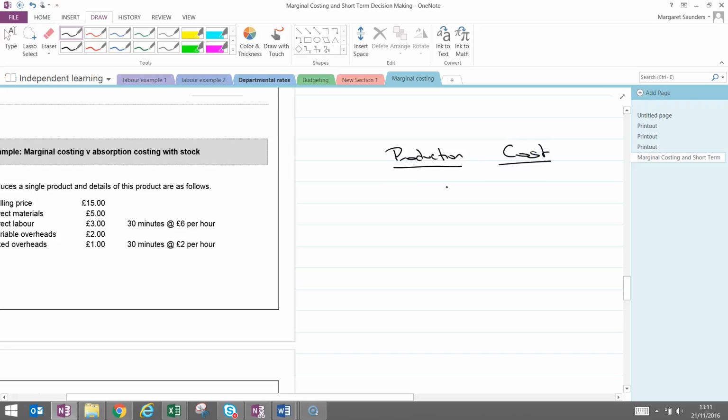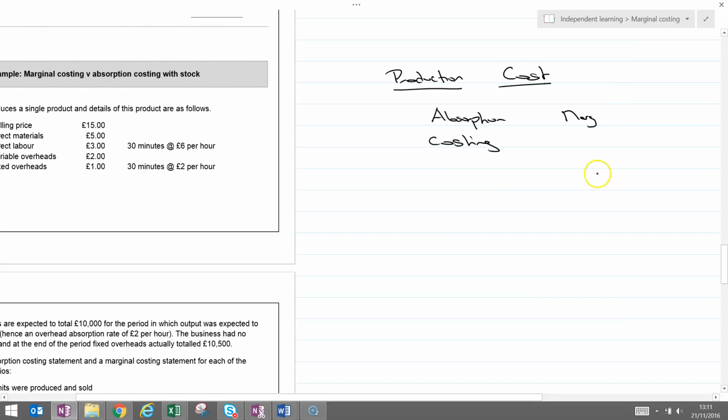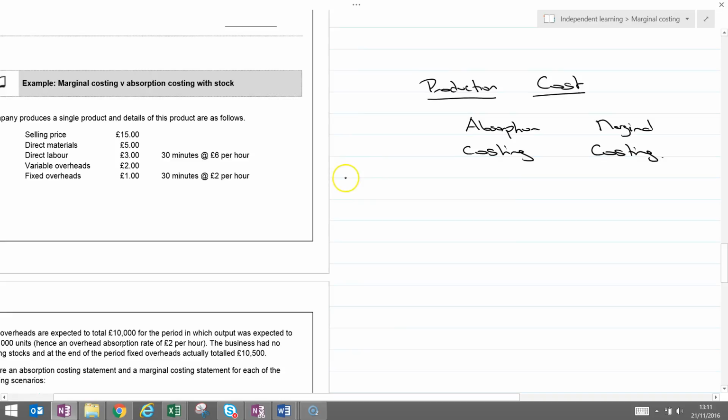So we want the production cost. We're going to use absorption costing, and we're going to use marginal. So start with the direct materials, £5.